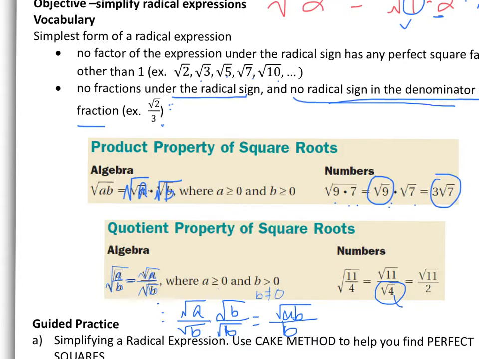So that would just be equal to 2, and you no longer have a radical sign in the denominator, which is perfectly fine. Okay.